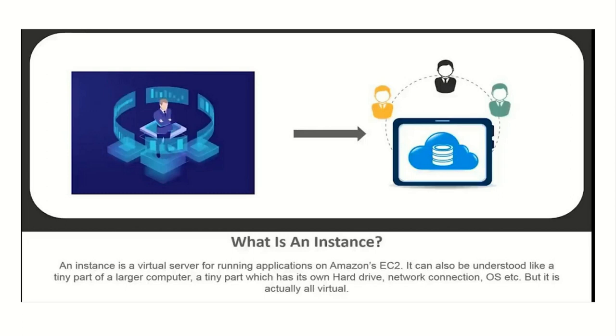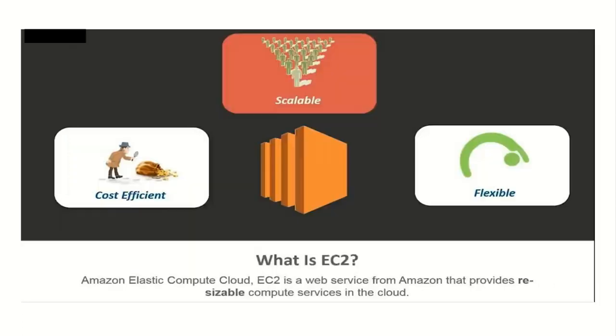It talks about this topic in more detail. Now, what is EC2? Let us move further and try to understand EC2. EC2 is an Amazon Web Services compute service. It stands for Elastic Compute Cloud. Now, what do I mean by this?